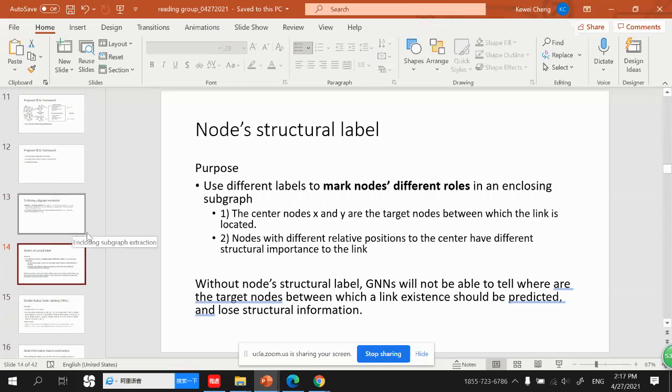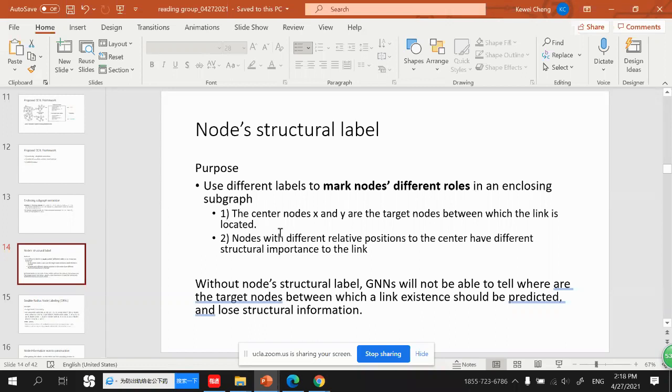After we extract this subgraph, the next step is that we construct the node features belonging to this subgraph. The purpose of the node structure label is to use different labels to mark nodes with different roles in an enclosing subgraph. In order to achieve this goal, we need to complete the following two sub-goals.